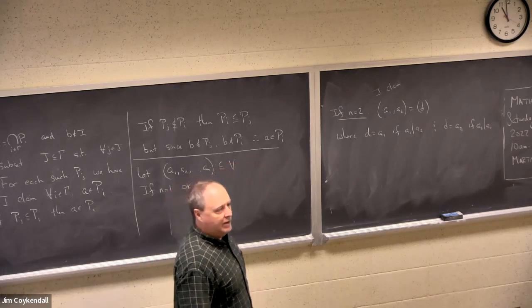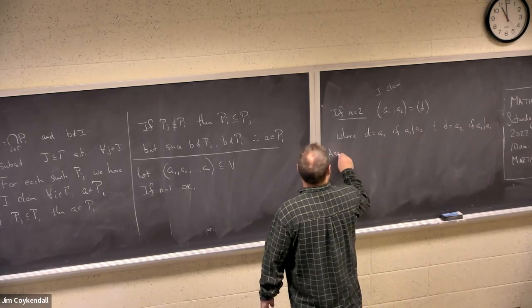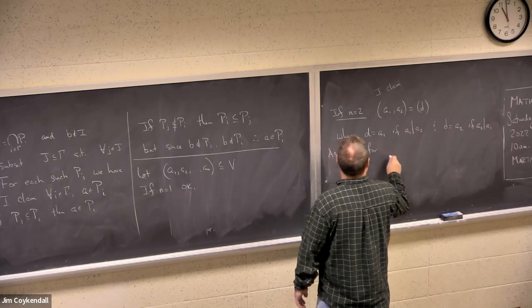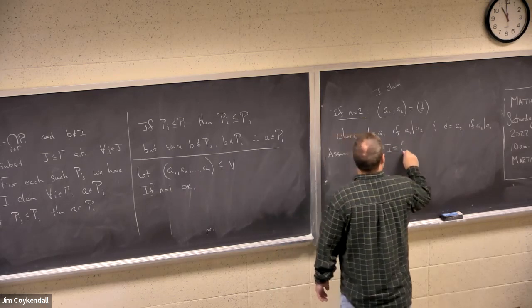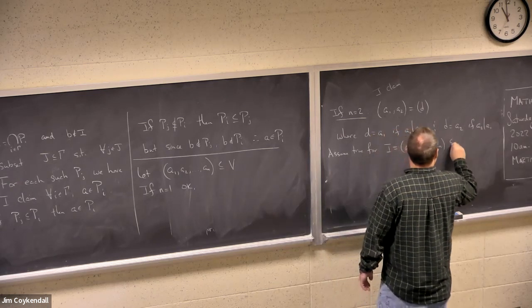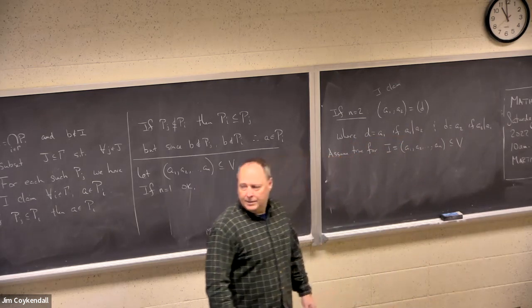Right, whichever one divides the other, let's generate. And now assume true for I equals A1, A2, up to A_N. So we'll assume that any N-generated ideal is principal.